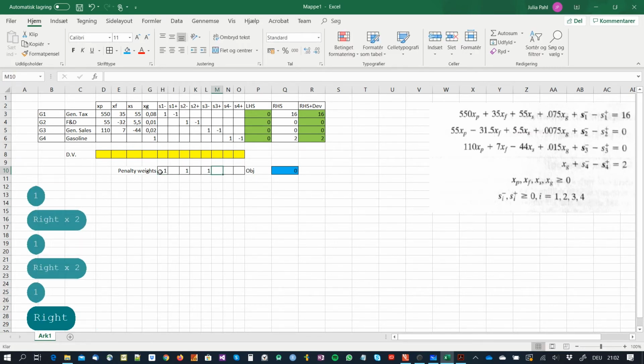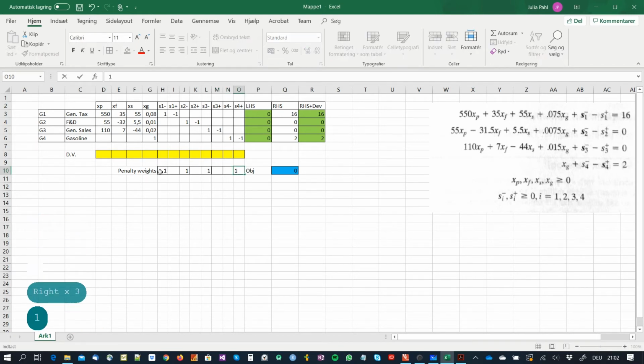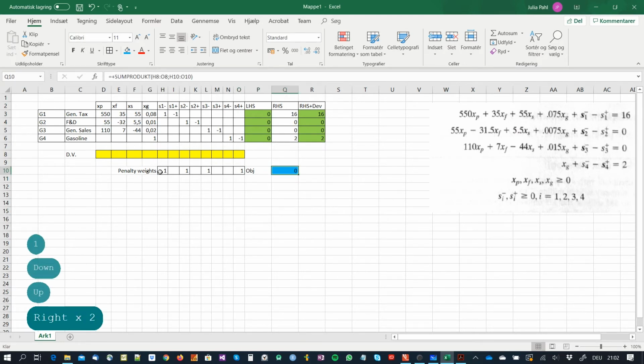So we include those. And for the last one, that was smaller or equal to, we want to penalize exceeding this goal. So actually, the penalty is on S4 plus. And we have equal weight, so we just use a 1. And that's for the setup.